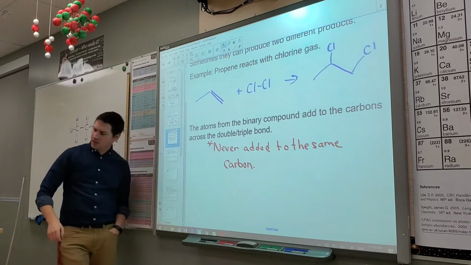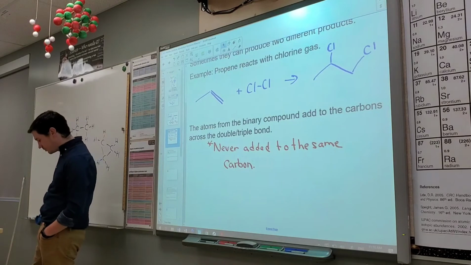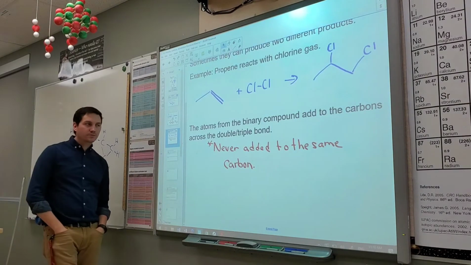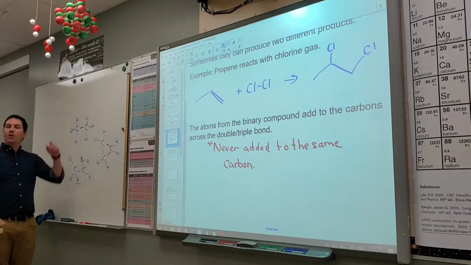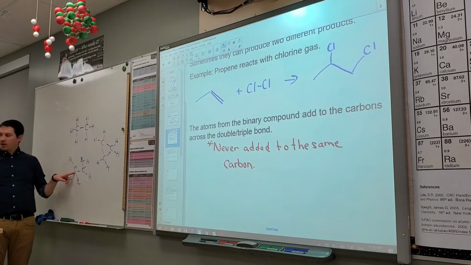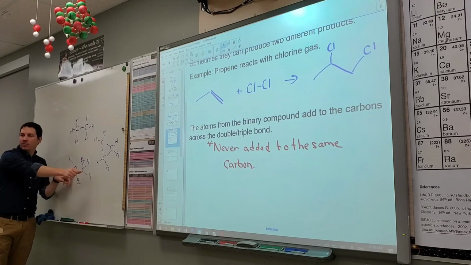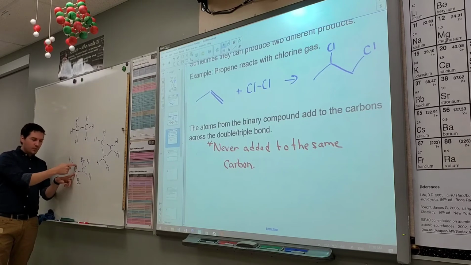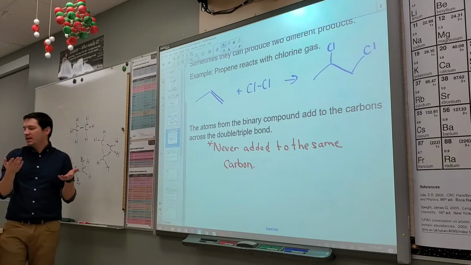I'm going to talk about why that is here in a second. Does that make sense that one of them has to add to one carbon and one of them has to add to a different carbon, right? When you break that double bond, there's a bond missing on this one and that one, so you can't add both to the same carbon. That doesn't make sense.